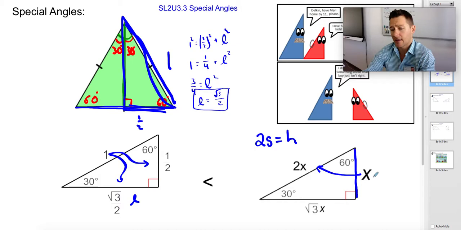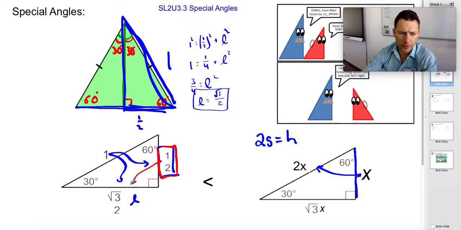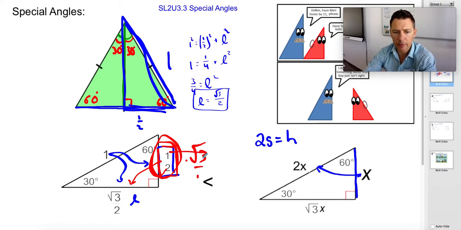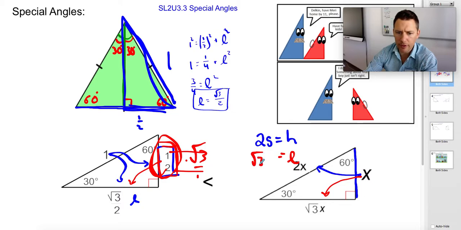Here, the short side is x, right? But going from half to root 3 halves, all you do is take this and multiply by root 3. 1 over 2 times root 3 over 1 gives you root 3 over 2. You multiply the top, multiply the bottom. So to get the long side, you take the short side and multiply by root 3.